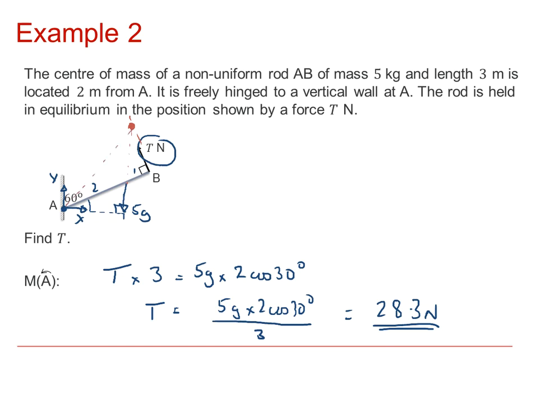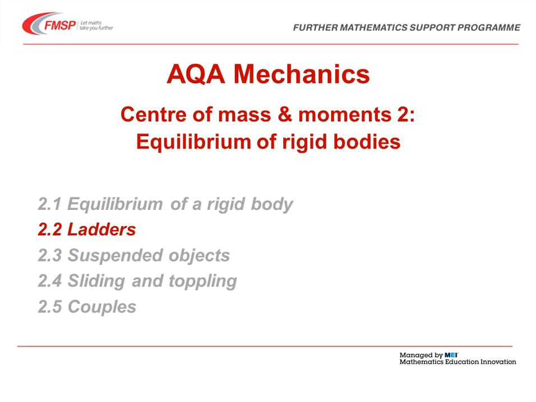However, it's not so easy this time to calculate that, so resolving horizontally and vertically, should you need to find X and Y, would probably be the easier method. That concludes this video. In the next one we'll be considering the idea of ladders.